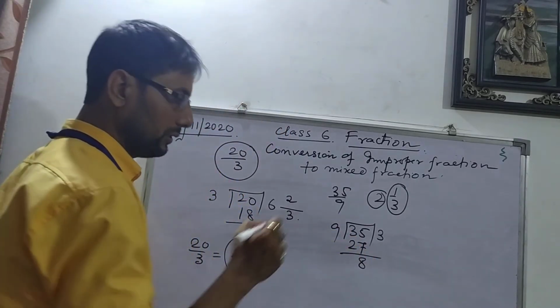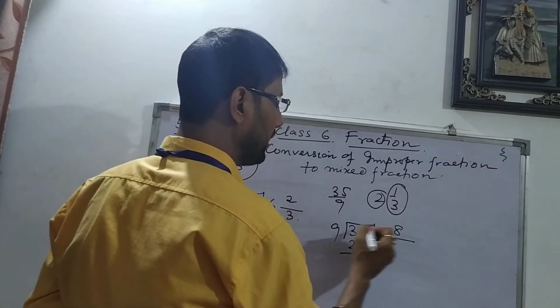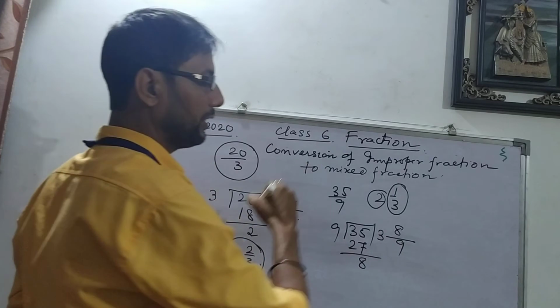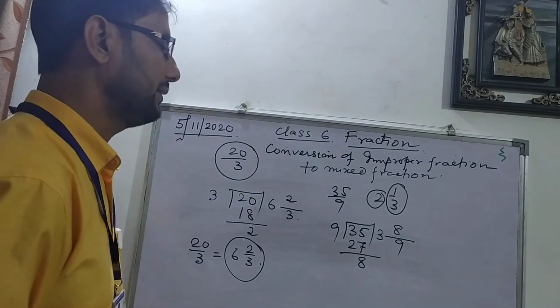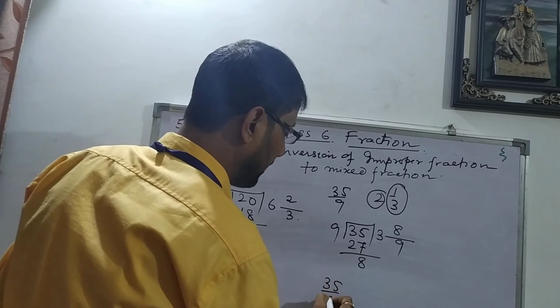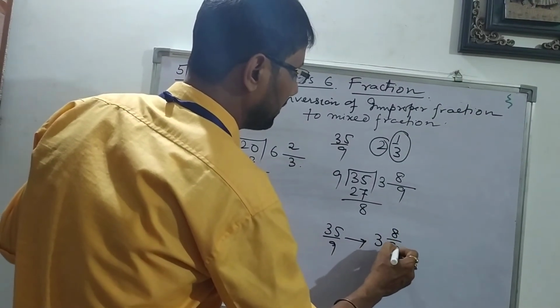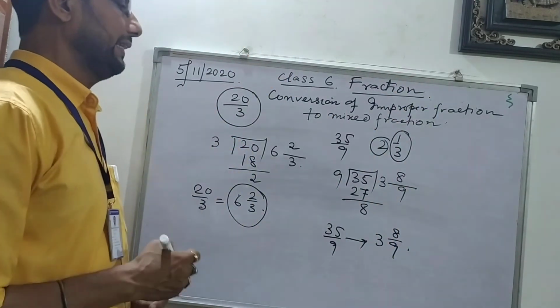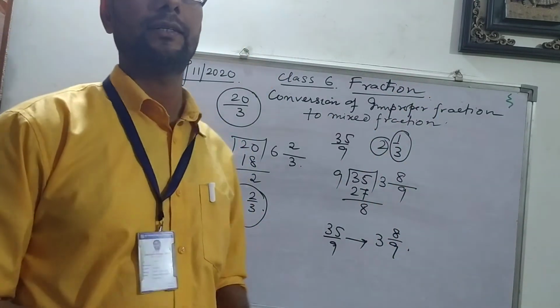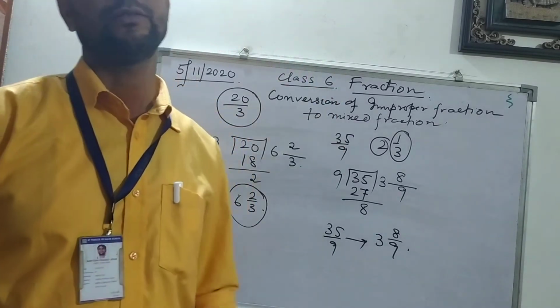Now I'll put a dash. This 8 will become the numerator and this 9 will become the denominator, 8 by 9. So the mixed fraction of 35 by 9 is 3 8 by 9. So in this way we convert an improper fraction to a mixed fraction.